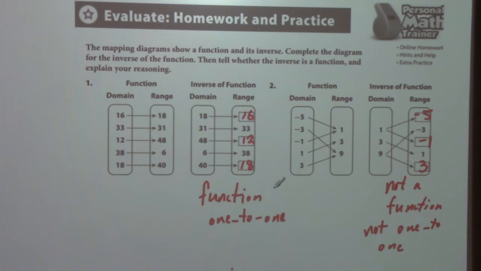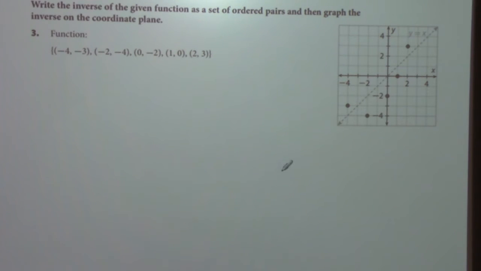All right. Let's go on to the next thing here, which is write the inverse of the given function as a set of ordered pairs, then graph the inverse on the coordinate plane. And so we can go ahead and rewrite these 5 ordered pairs.